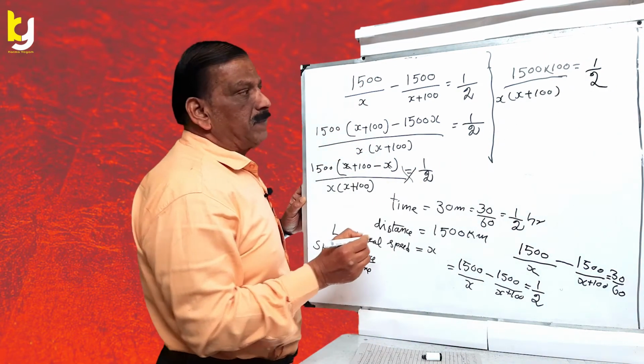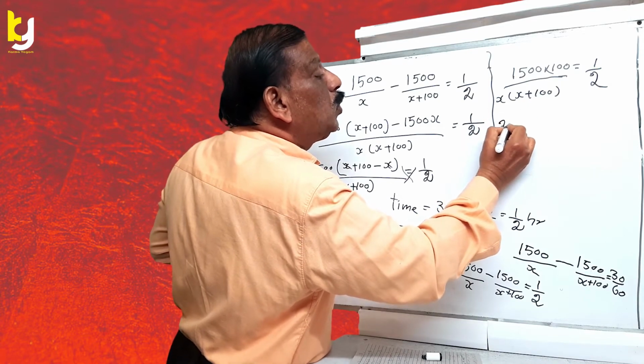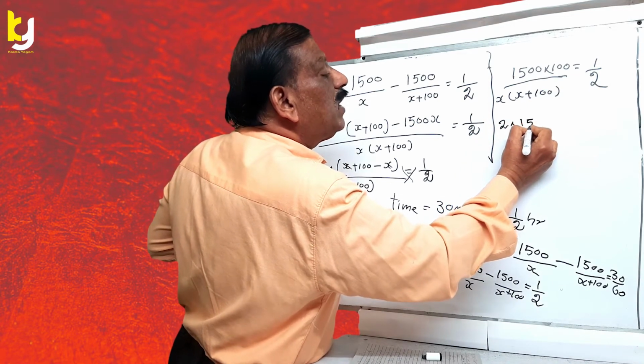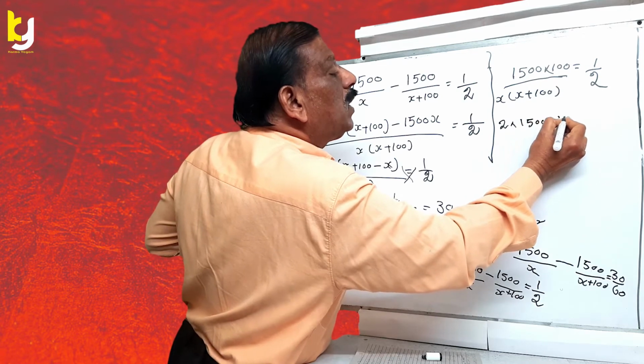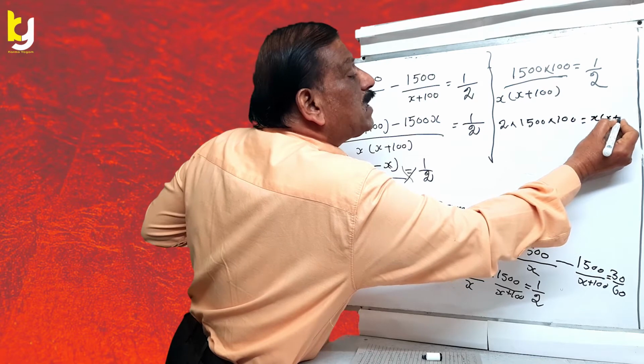Cross multiply. So this is equal to 2 into 1500 into 100 equal x into x plus 100.